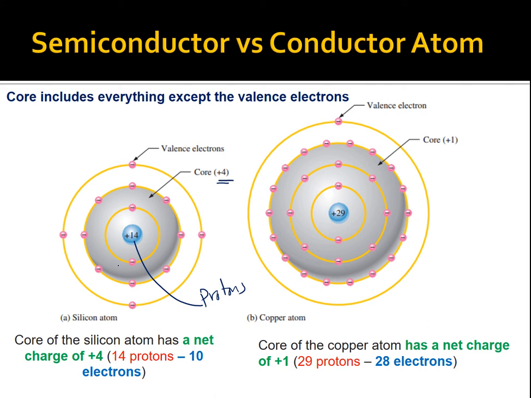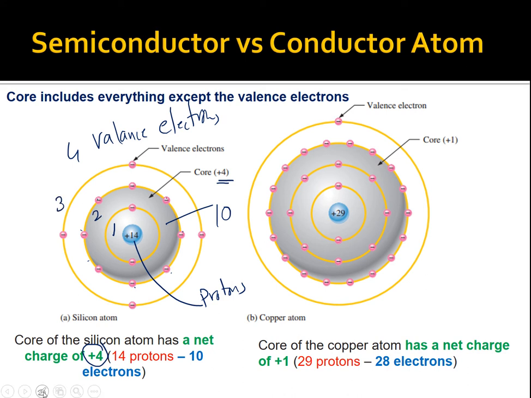So 1 2 3 4 5 6 7 8 9 10, there are 10 electrons in the core and 14 protons. So 14 protons minus 10 electrons gives a net charge of +4, and we have the 4 valence electrons here. And here we have 3 shells, 1, 2 and 3.